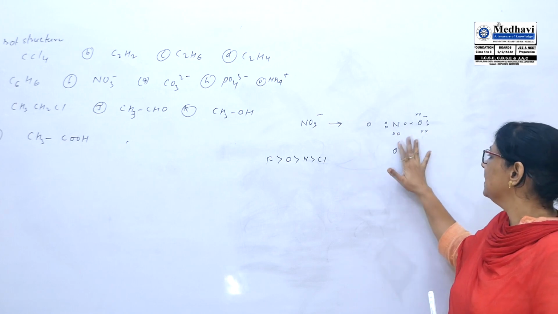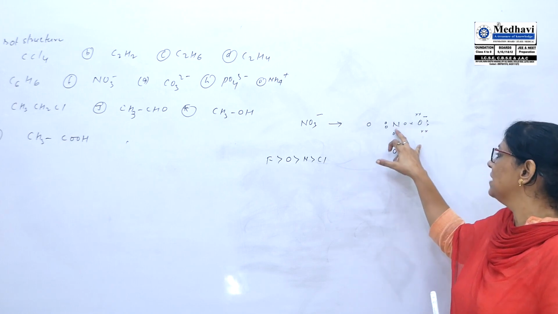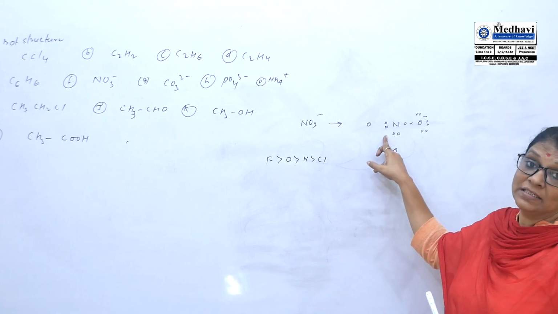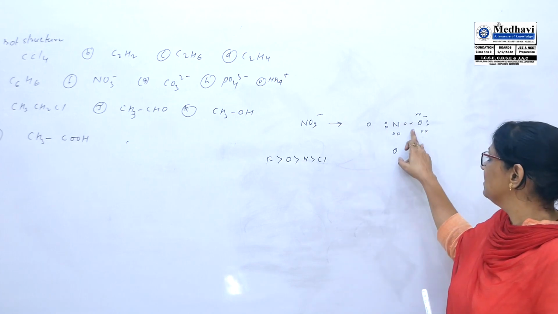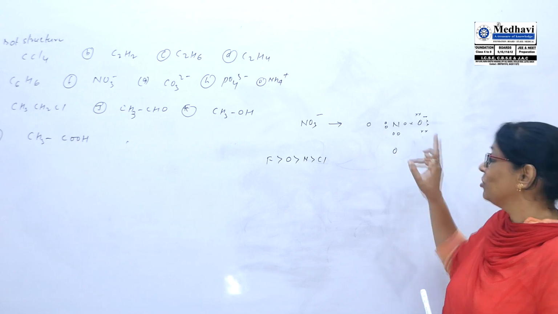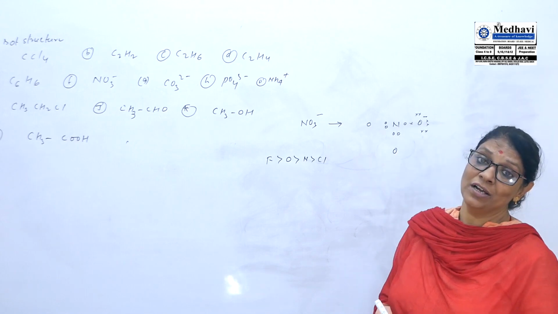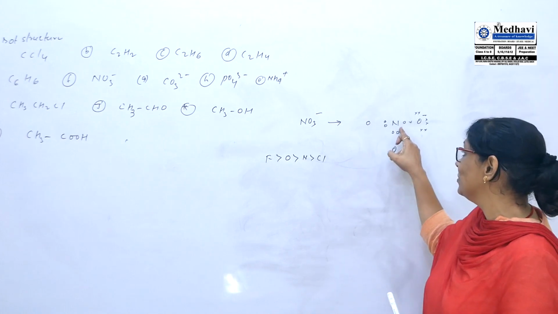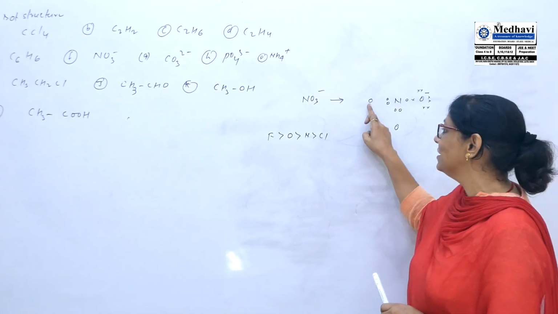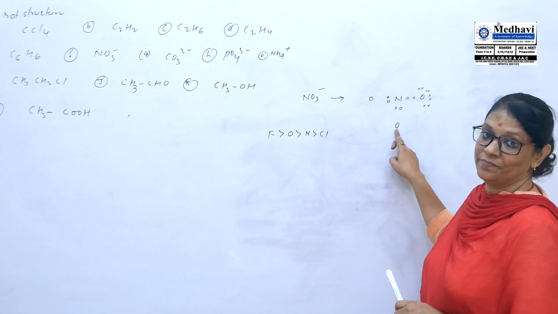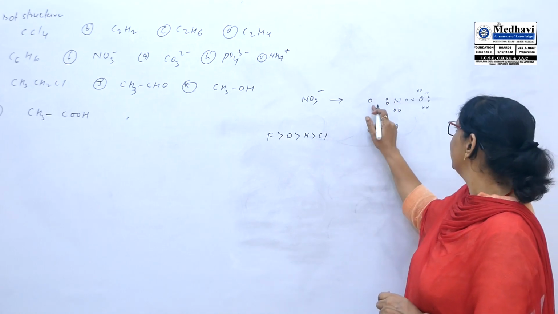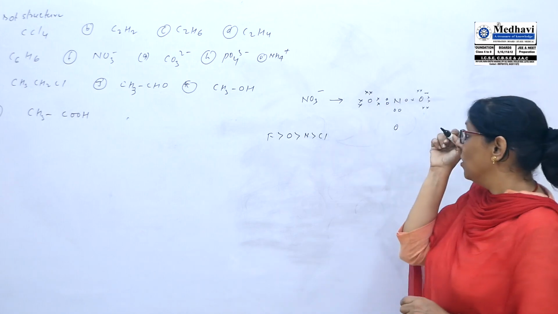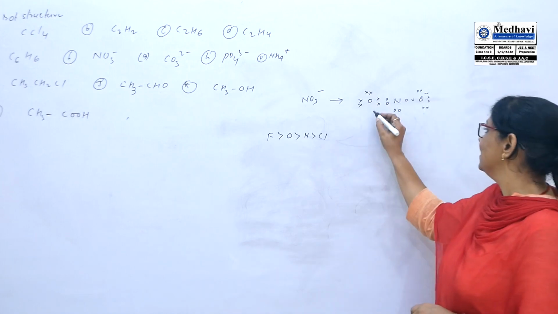See, if you look at the diagram, you find that this nitrogen already has 6 electrons. 5 electrons belong to the valence electrons of nitrogen and 1 electron has been given by the negatively charged oxygen. So it needs only 2 electrons to fulfill its octet configuration. That's why this nitrogen shares either with this oxygen or with this oxygen. Suppose this oxygen uses its 2 electrons. Now the octet of nitrogen has completed.